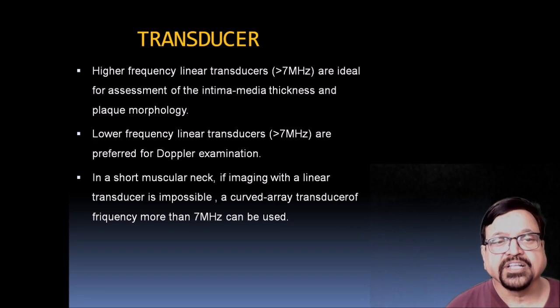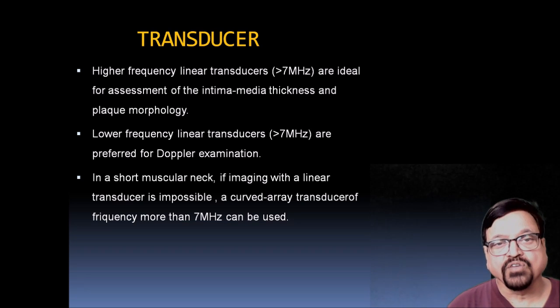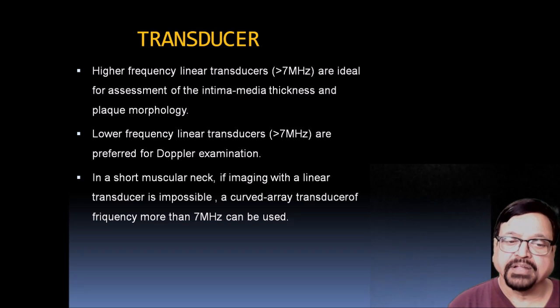Now comes a selection of transducer. High frequency linear transducers, that is more than 7 MHz, are ideal for assessment of intima media thickness and plaque morphology. Lower frequency linear transducers are preferred for Doppler examination.